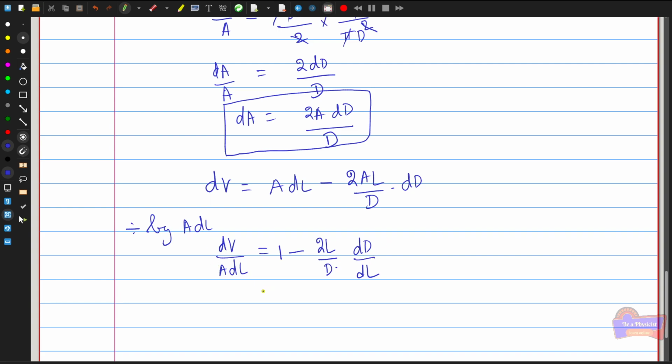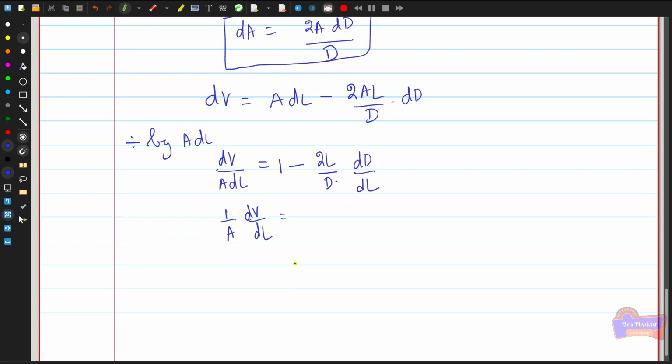I can rearrange this as 1 by A times dV by dl, which is equal to 1 minus 2 into dd, the derivative of the diameter, divided by dl, divided by the total length.